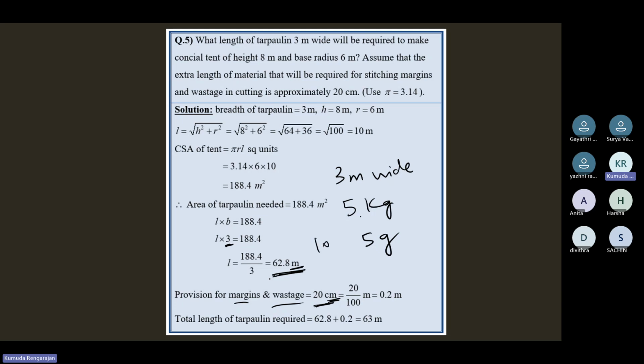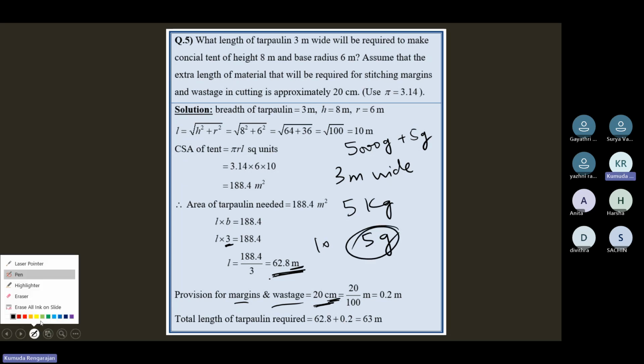No. How can you add two numbers with different units? So 5 kgs is 5,000 grams, 5,000 grams plus 5 grams is 5,005 grams. Or you convert this to kilograms. So 20 centimeters is 0.2 meters. Then add, and this is the length of the tarpaulin you need to buy.